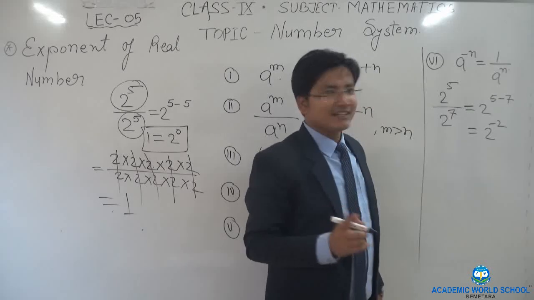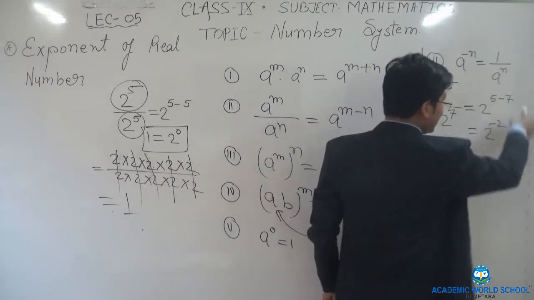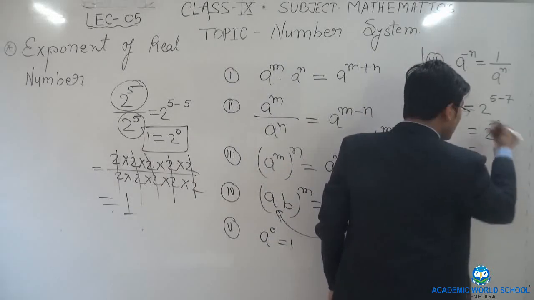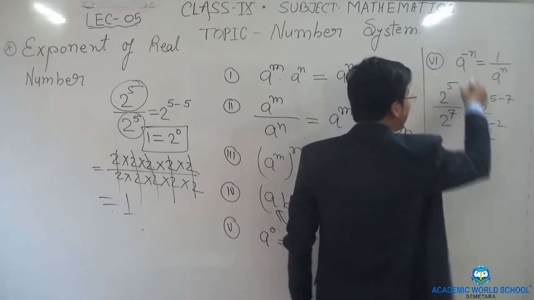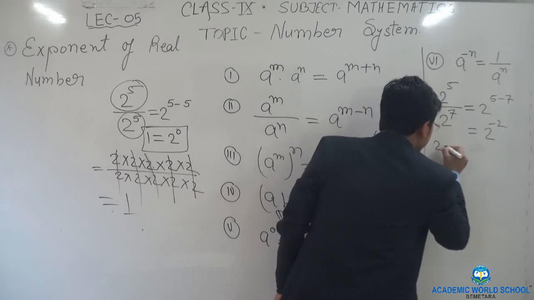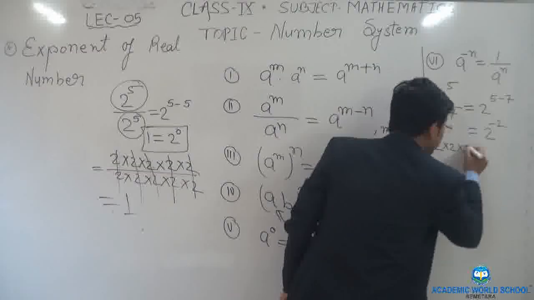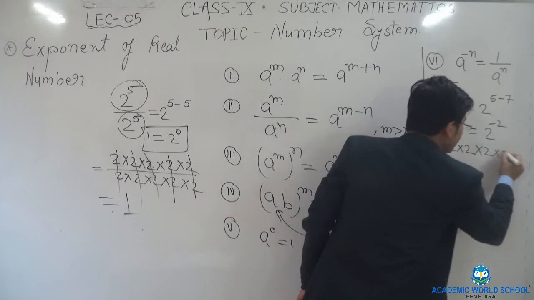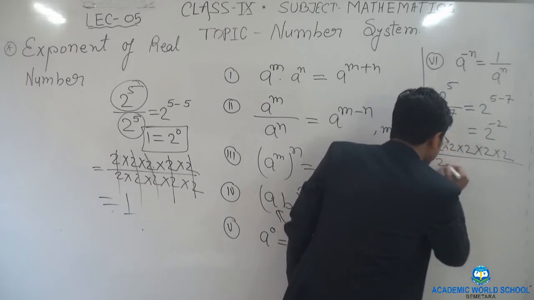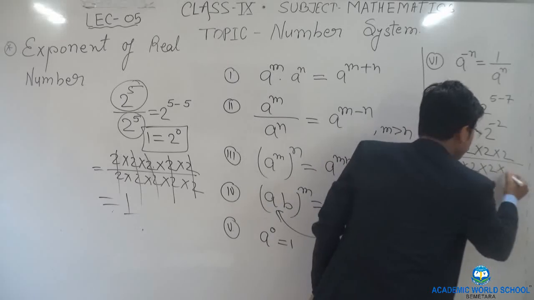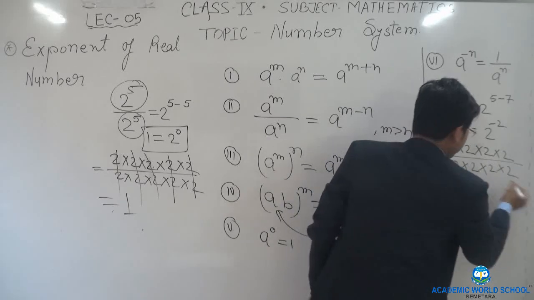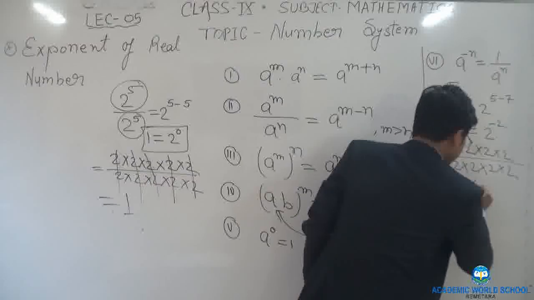Yes, exactly. It is coming as 2 to the power minus 2. Now I am going to explain this. 2 to the power 5 means 2 into 2 into 2 into 2 into 2, and then again I am writing 2 into 2 into 2 into 2 into 2 into 2 into 2, seven times.